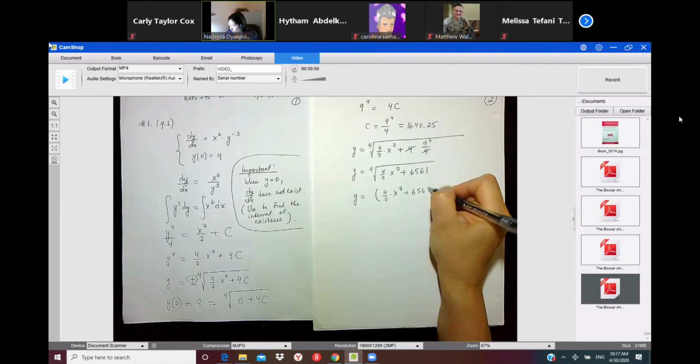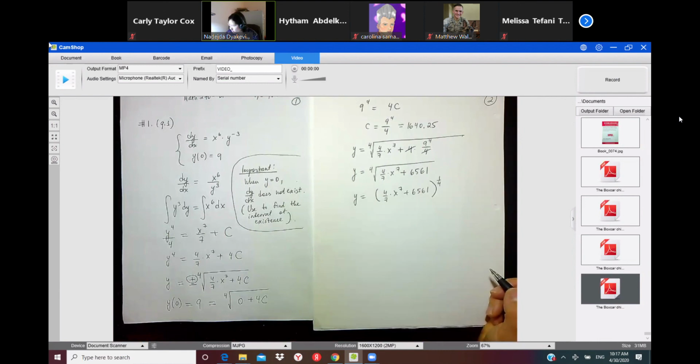Hopefully it will work in the program. So any questions about this particular solution? What we see here, this is the particular solution. So this function is nice. There is no denominator to worry about.